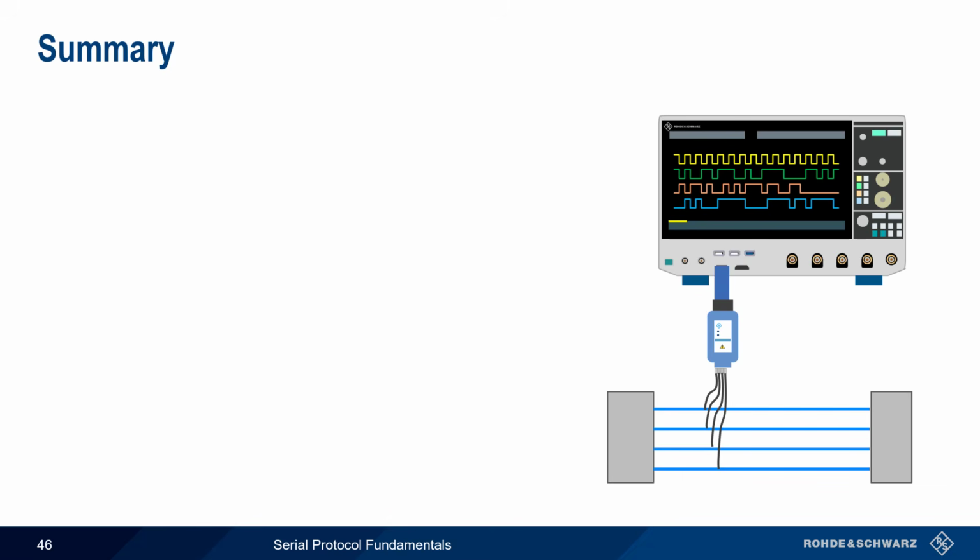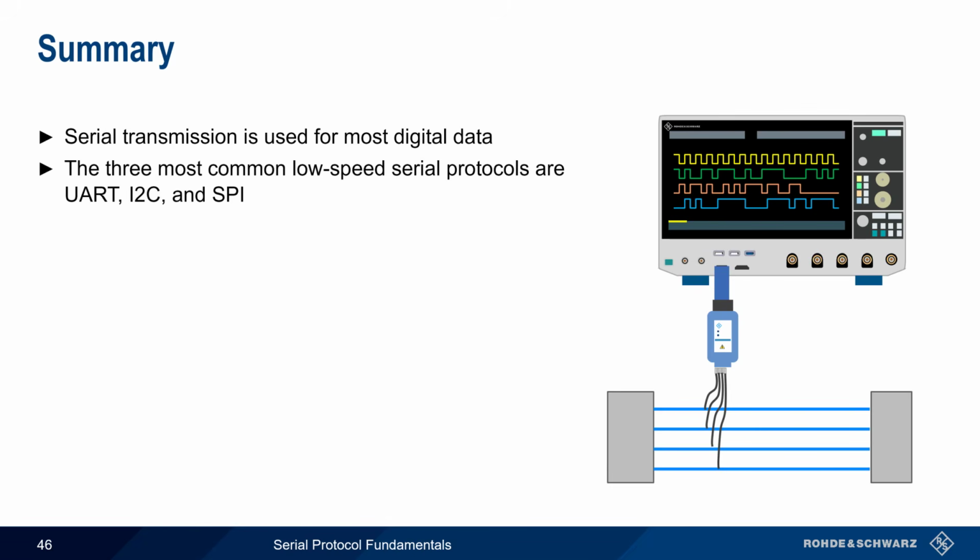We'll end this presentation with a general summary. Serial transmission is the most common way in which digital data is moved from one device or component to another. There are many serial protocols, and in this presentation we cover the 3 most common low-speed serial protocols, namely UART, I2C, and SPI.